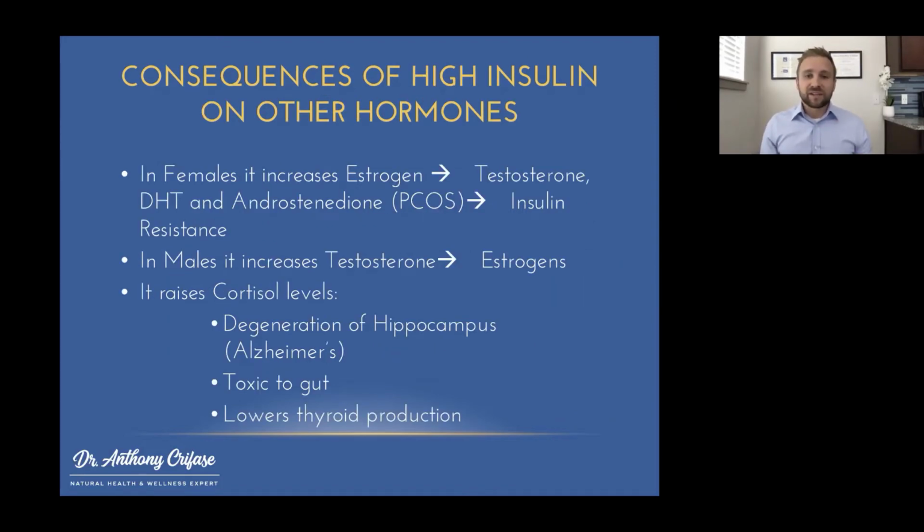In females, insulin increases estrogen. And we talked about this a little bit, but this creates polycystic ovarian syndrome oftentimes, which increases testosterone, DHT, androstenedione. These are primarily male hormones, but females have them, but everything must be in balance. So this causes insulin resistance. In males, insulin resistance actually increases conversion of testosterone to estrogen.